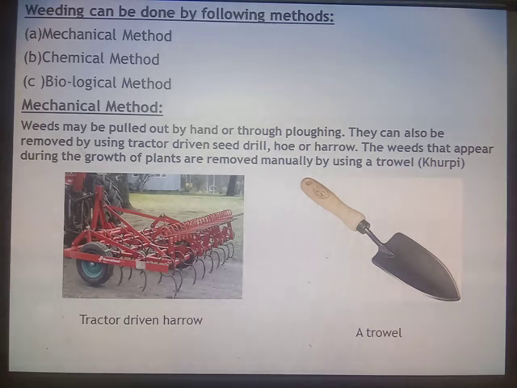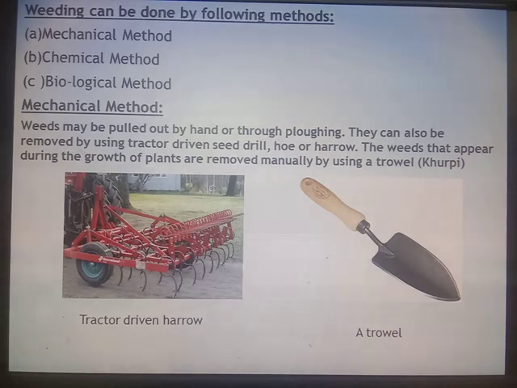One is mechanical method, second is chemical method, and third is biological method. Now we will be discussing all the three methods in detail. The very first is mechanical method. Mechanical means by hand, by using our hands or with the help of machines.